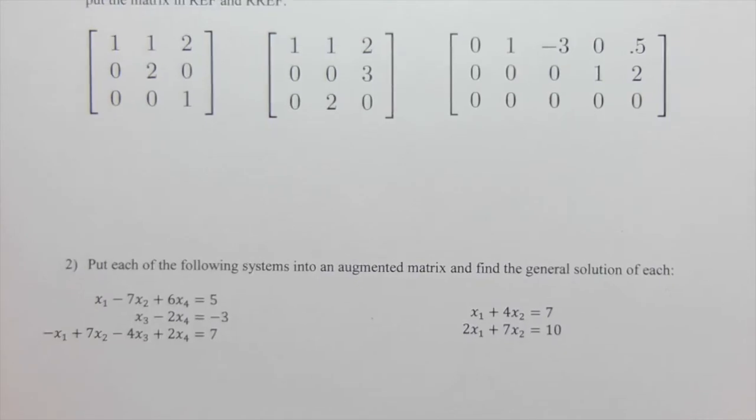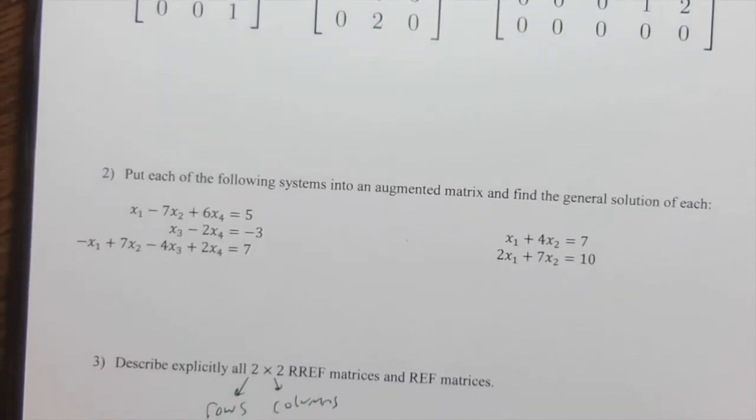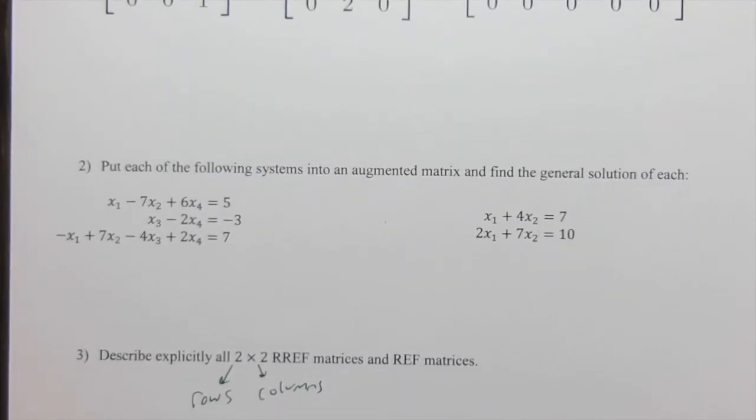As a quick reminder, 2 by 2 means the number of rows and columns: 2 rows, 2 columns. In other words, square matrices that are really small. So a 2 by 2 matrix in general looks like this. That's a 2 by 2 matrix. So what do 2 by 2 matrices look like in reduced forms?